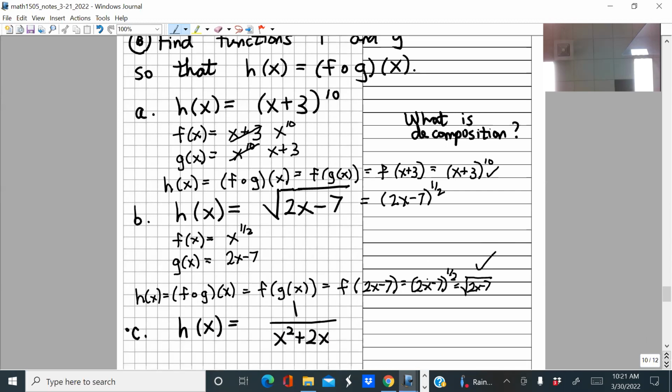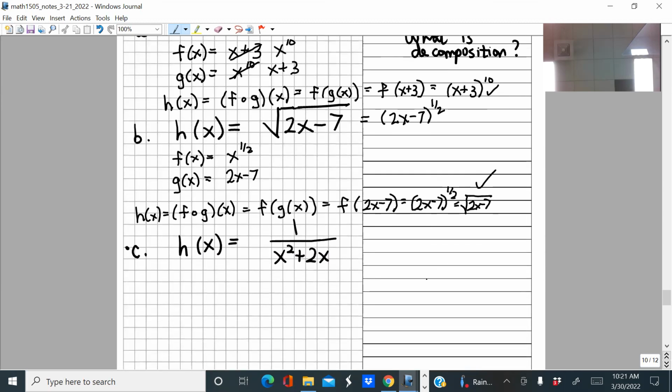Even part C is the same as parts A and B, I claim. All right. Now that looks a lot different. There you have 1 over x squared plus 2x. But remember, when you take the reciprocal of a quantity, here we're taking the reciprocal of x squared plus 2x, right?